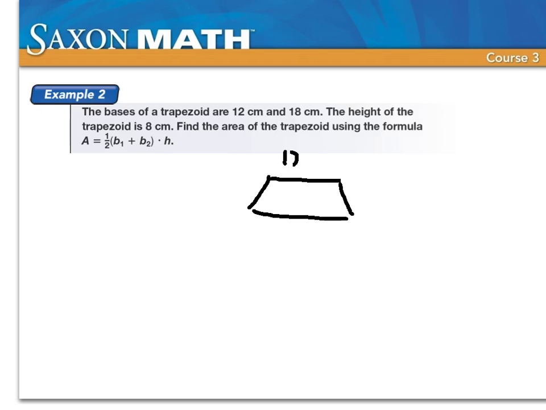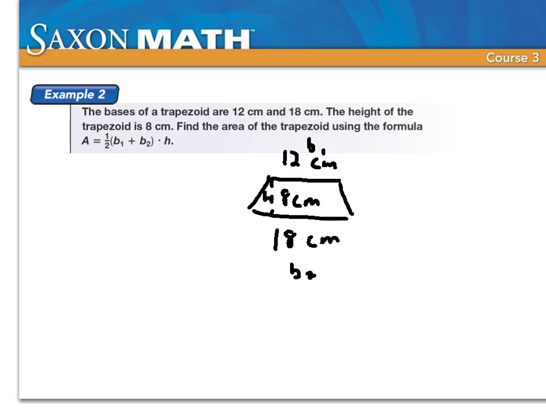The bases are 12 centimeters and 18 centimeters, and our height, the straight up and down line from the top to the bottom, is 8 centimeters. I always like the visual. If you can figure out where the numbers go without the visual, that's fine, but I like to look at the trapezoid and label it. So this is base 1 up here, base 2 is our bottom base, and then our height is here.